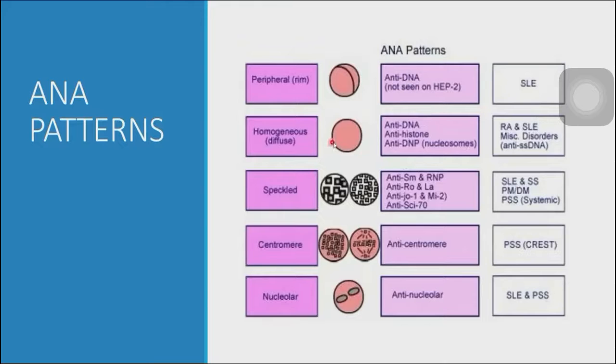For homogeneous or diffuse fluorescence, we have anti-DNA, anti-histone, and anti-deoxynucleoprotein or anti-nucleosome, seen in SLE and miscellaneous disorders.